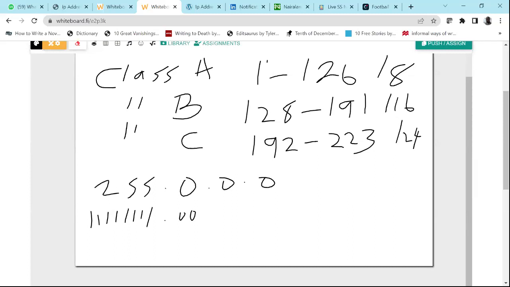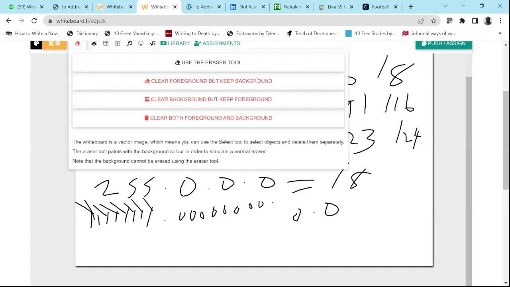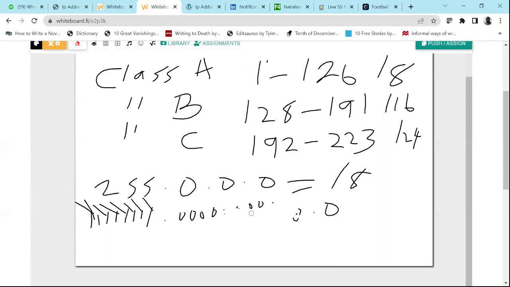So I have no need to write the other ones, dot 0, dot 0. So if you count this, this is 1, 2, 3, 4, 5, 6, 7, 8. So that is why this subnet mask is the same thing as saying /8. You understand that? Are we together? Okay.